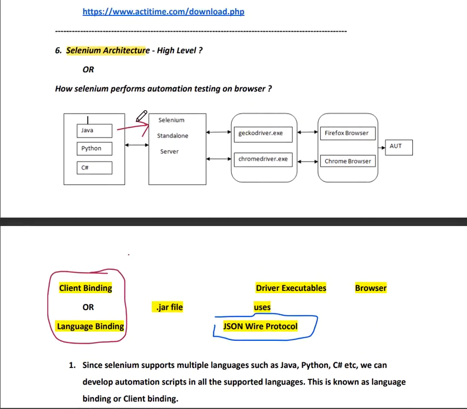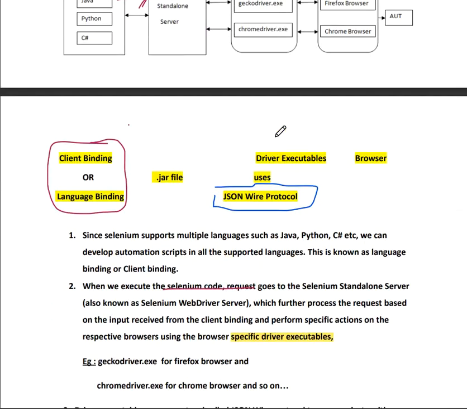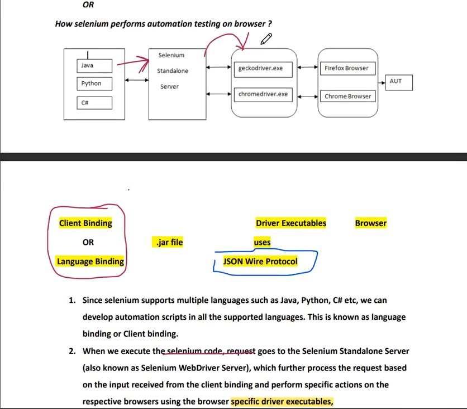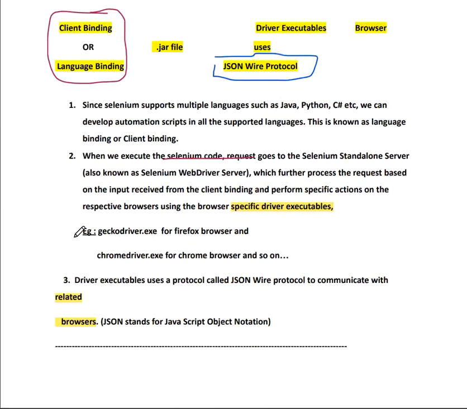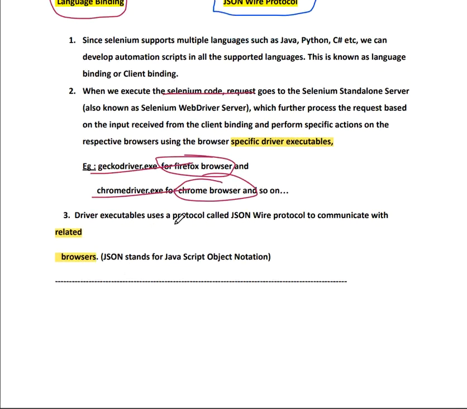Once we send our request to the Selenium standalone server, it will transfer our request to the browser driver executable file, and once the browser driver executable file receives our test script, it will perform the actions which are input received by the client, that is Gecko driver exe for the Firefox driver and Chrome driver exe for the Chrome browser. The driver executable uses a protocol, JSON wire protocol. JSON wire protocol is a lightweight protocol to communicate with the related browser. JSON means JavaScript Object Notation.